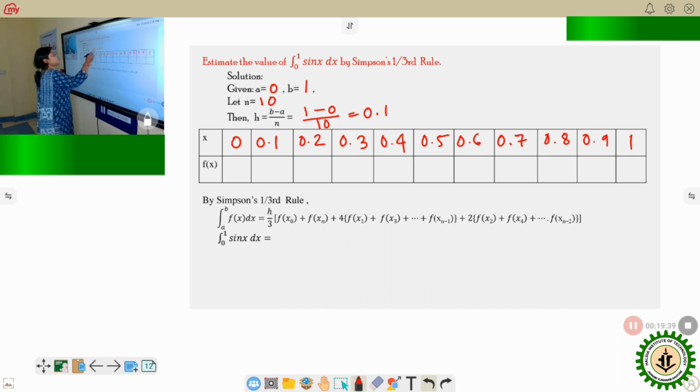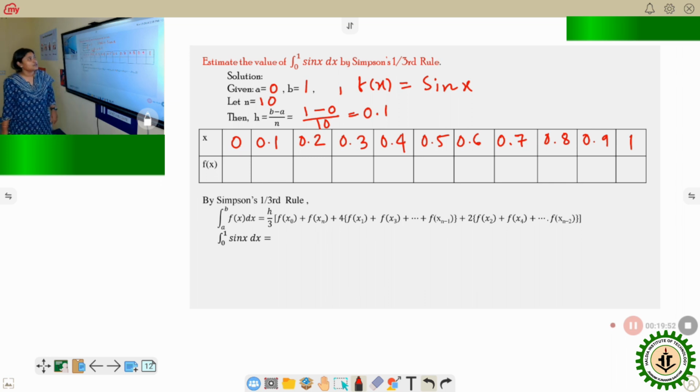Here, what is your f(x)? f(x) is your sin x, right? Now, when the limit is from 0 to 1, and here we are having the trigonometrical function sin x, we have to use the radian mode in the calculator to calculate this value. Here it is sin 0, simply 0. Now sin of 0.1. So I will calculate the values, just in the radian mode.